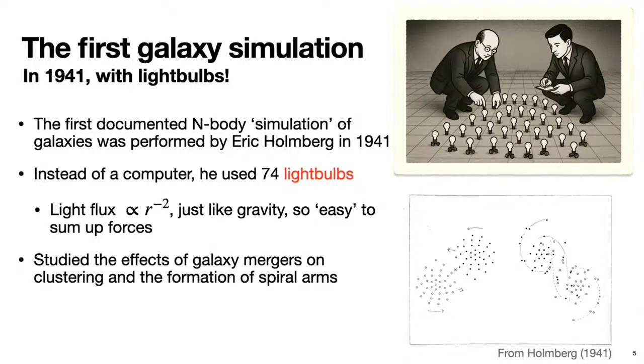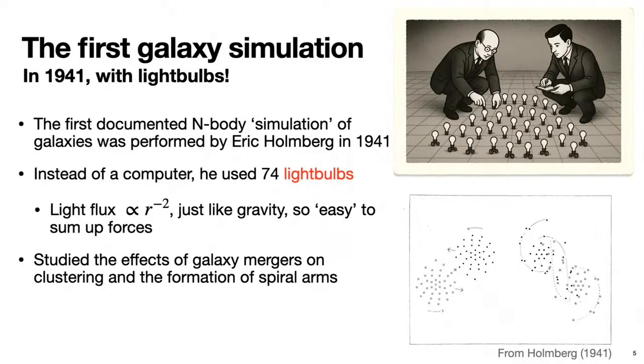And then they just meticulously moved each light bulb according to a tiny time step, and they did this for a very long time. And they could run this simulation of two galaxies merging. And they found that this forms a kind of filaments and kind of cluster formation in those galaxies which are merging.